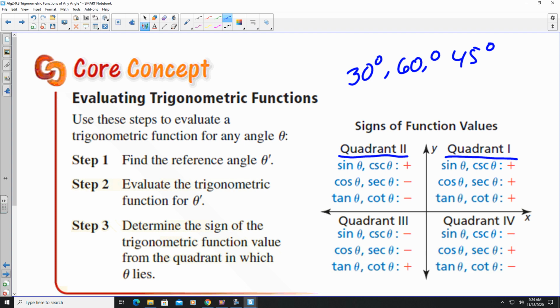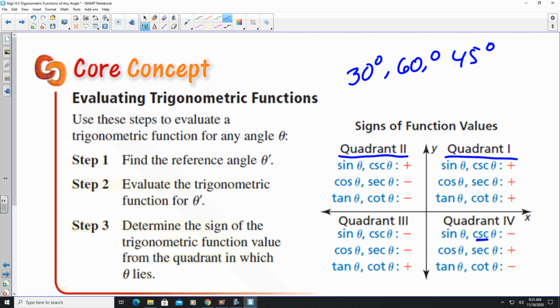If you look at quadrant 3, sine and cosecant are negative, cosine and secant are negative, tangent and cotangent are positive. In quadrant 4, sine and cosecant are negative, cosine and secant are positive, and tangent and cotangent are negative.